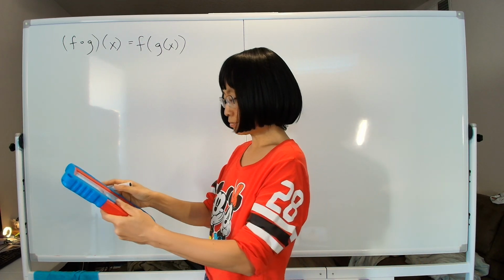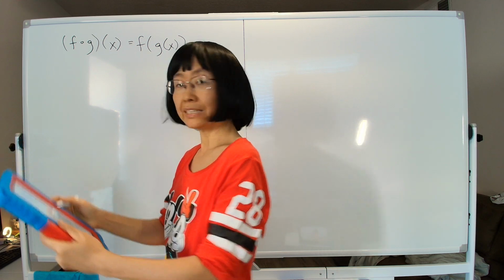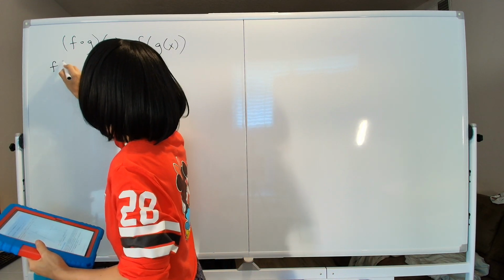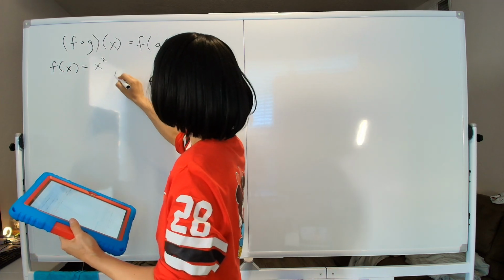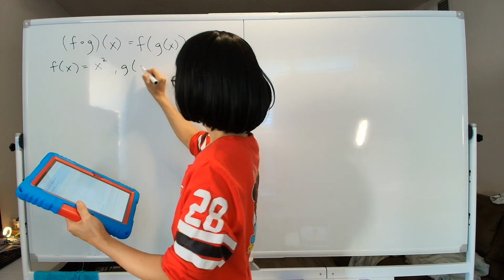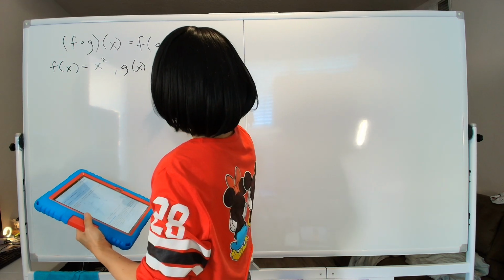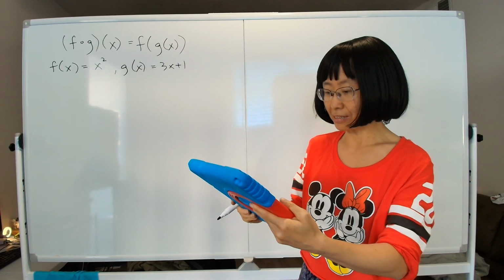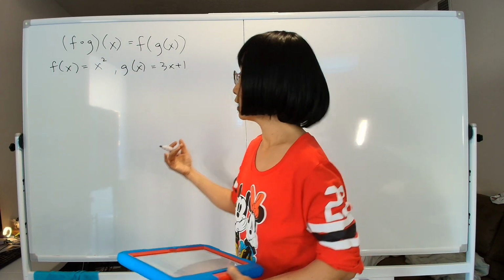As an example, let's look at f of x. This is on page 20. Now you have f of x equal to x squared, and then g of x equals something else, 3x plus 1. Okay, this is just some quick made up example. Now, first we'll find out what the combined function is.